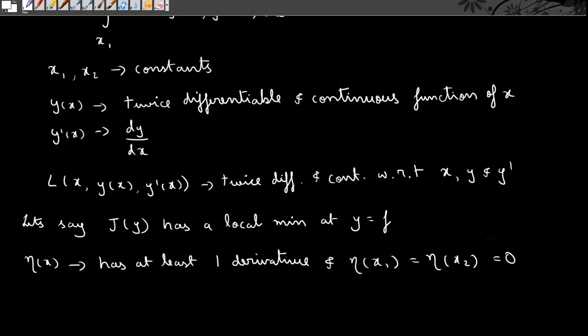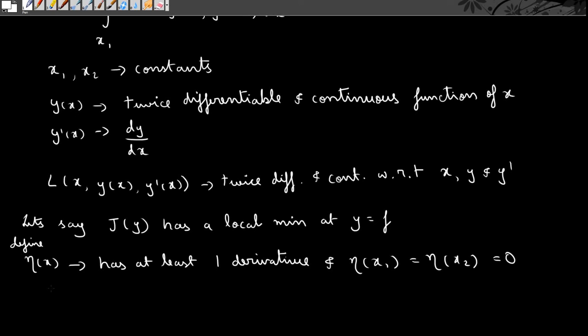So note this is something which we need to keep in mind. So I'm going to define some function eta of x which is at least once differentiable, and it vanishes at the points x1 and x2. Okay.